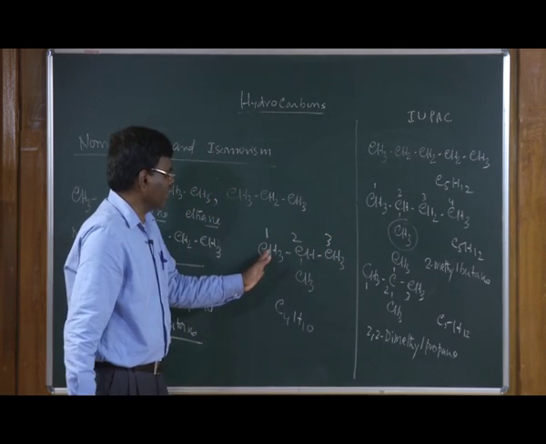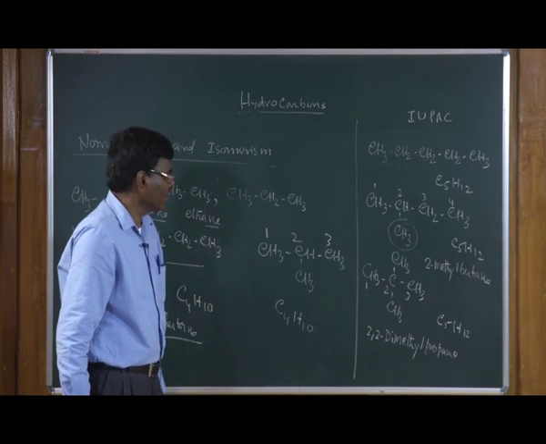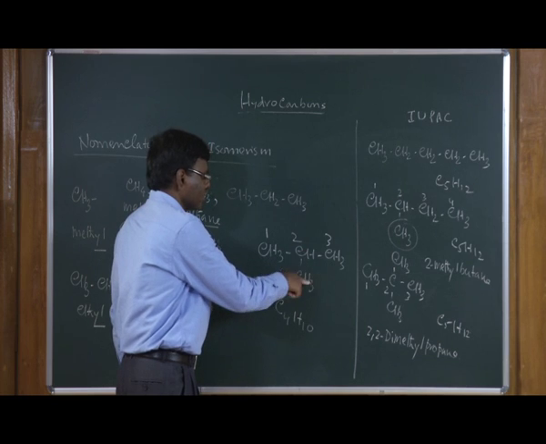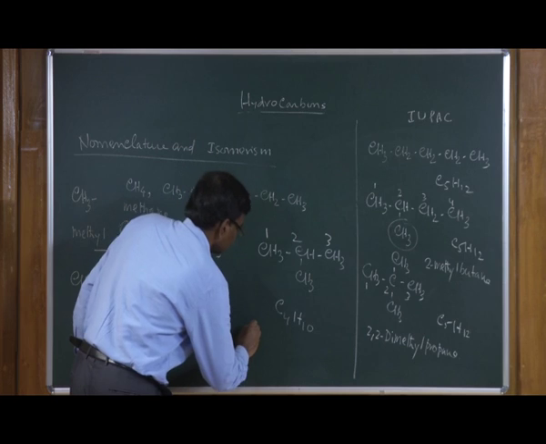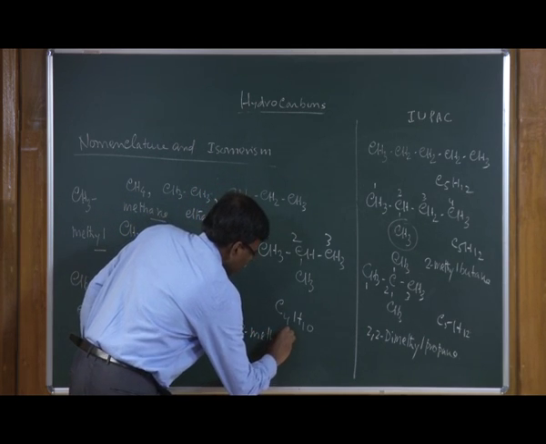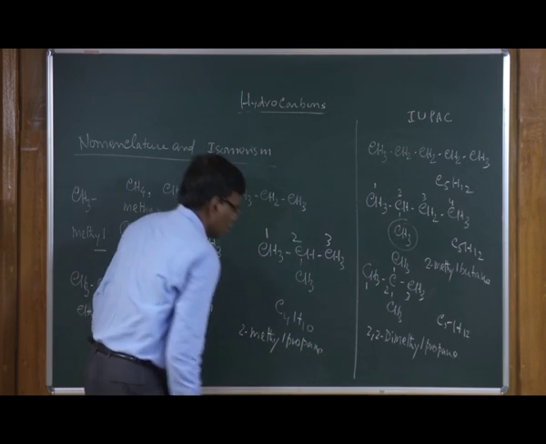Here also there is no problem, you can start numbering either way, you have 3 carbon atoms. Then you find the position of the substitution, which is at the second carbon atom. So you have to write 2-methyl propane.